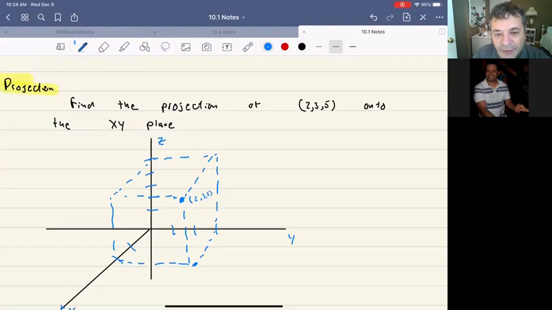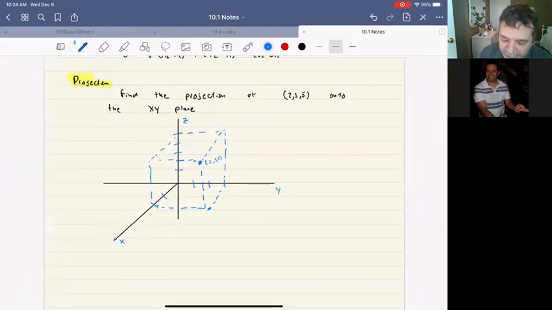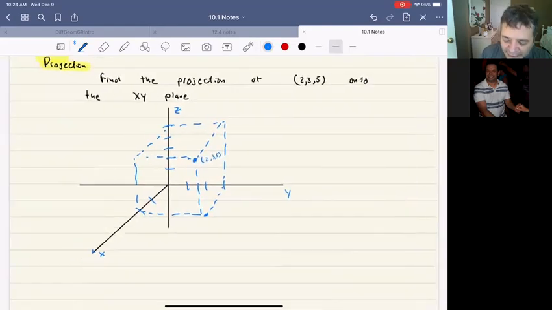Okay, that's 2, 3, 5 right there. Okay. Now, on the XY plane, so the projection onto the XY plane is just simply this point down here. Okay, so that's the projection of 2, 3, 5 onto the XY plane.